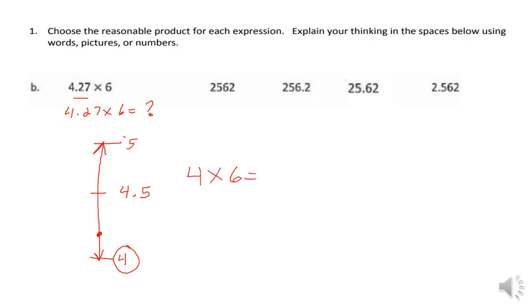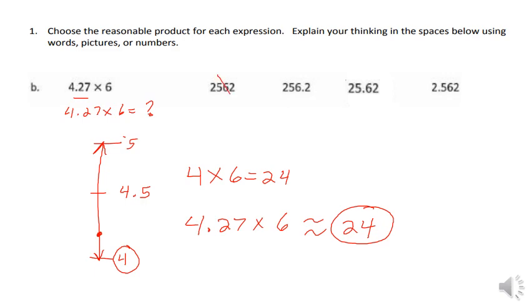So now I have 4 times 6 equals 24. So now I know that 4 and 27/100 times 6 is approximately 24.